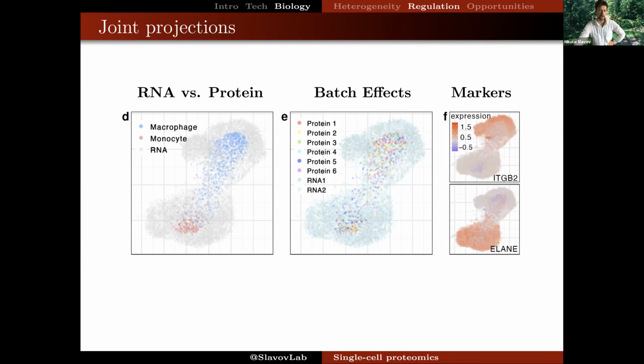So one thing that you can note from this projection is that the centroids of these clusters are similar, but the RNA cluster appears to be more diffused. And this is a low-dimensional projection that doesn't capture all the variance. We also had 10x more cells analyzed by 10x Genomics. So from this picture, we couldn't conclude immediately that the RNA data are more variable, but we did additional analysis looking at pairwise correlations between RNAs and proteins.